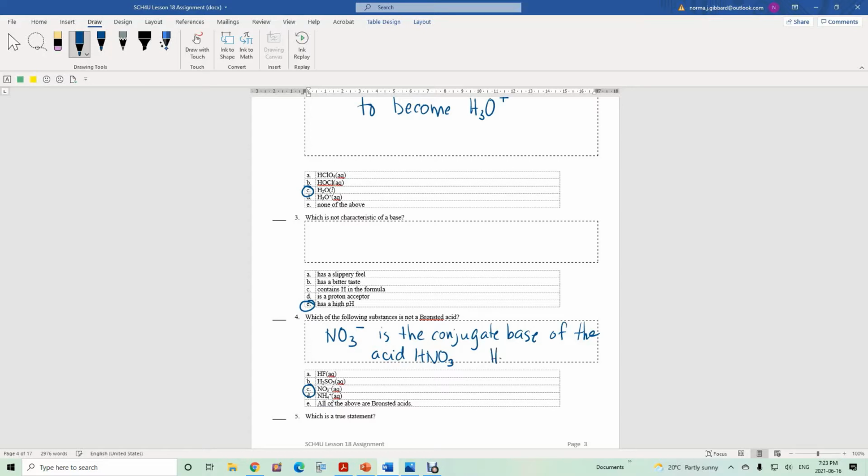And remember that H3O plus is the conjugate acid of base H2O.